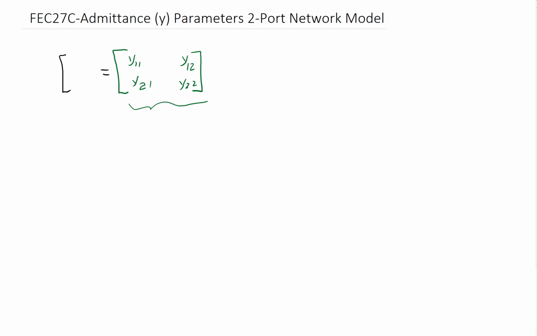We have a vector here, I1, I2, and then this matrix is multiplied by V1 and V2.